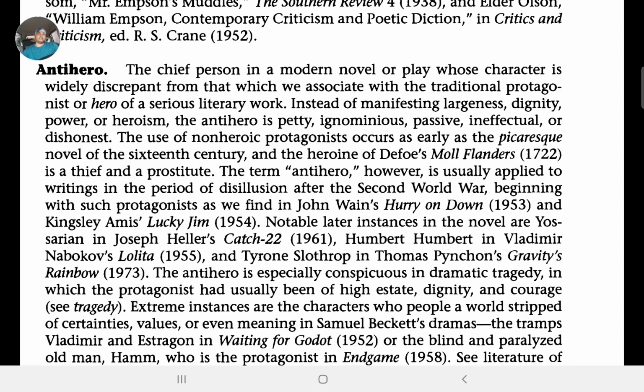Any character whose character is completely different from the traditional protagonist or hero in any serious work can be considered an anti-hero.